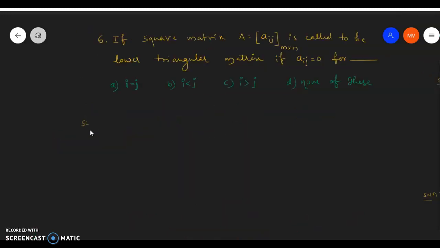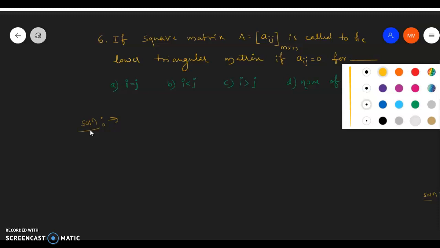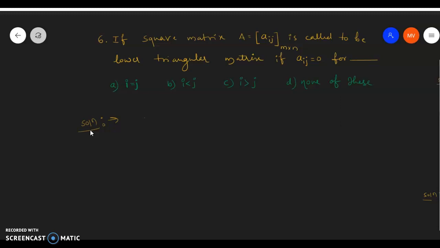So here is another question. Let's see the solution. What is given? A square matrix A of ij of order m cross n is called a lower triangular matrix if A of ij is equal to 0 for what condition?